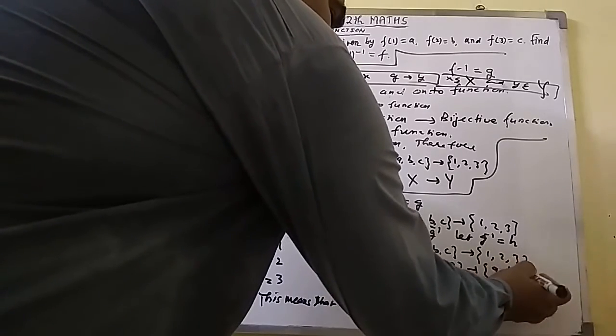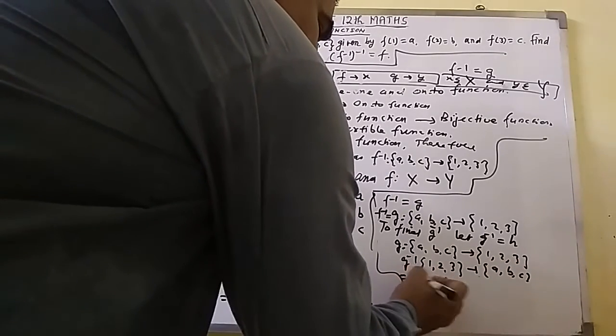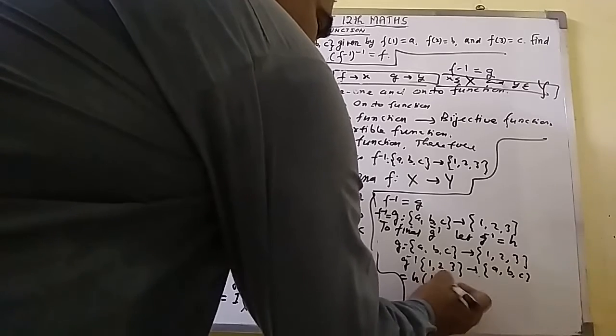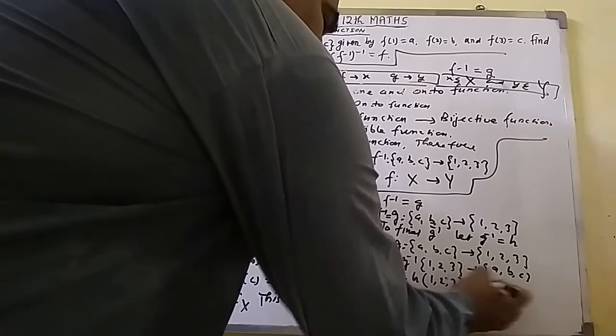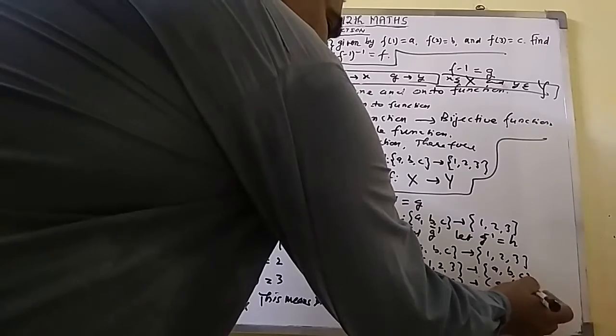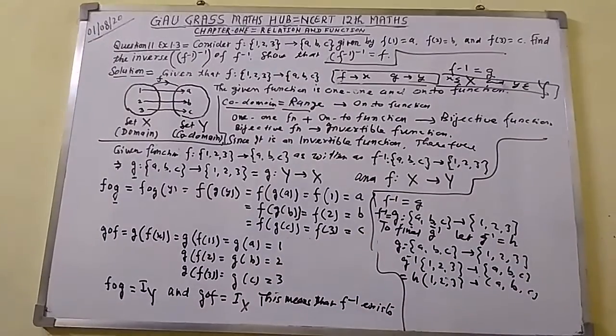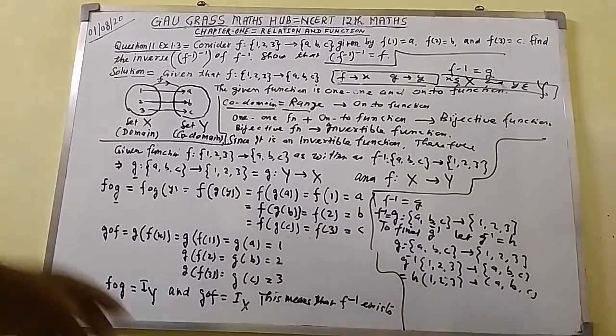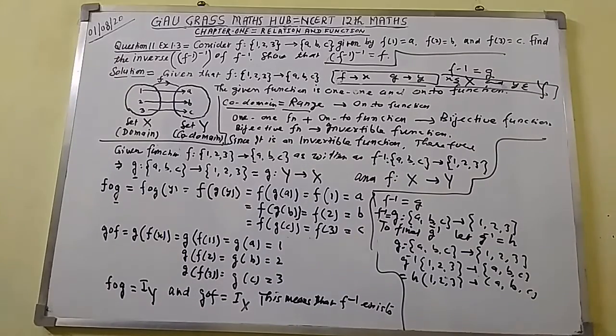Here we will write H: 1, 2, 3 goes to ABC. I have written this one. H is done, G inverse has come.